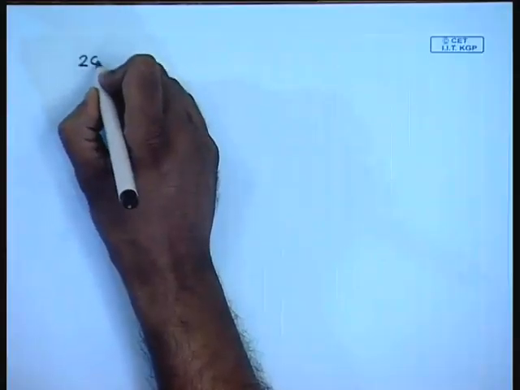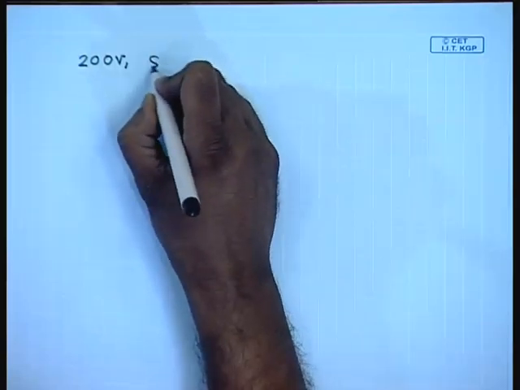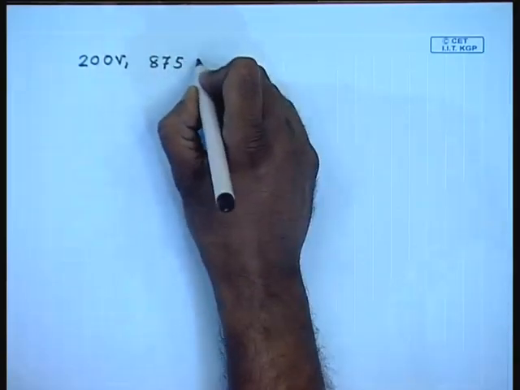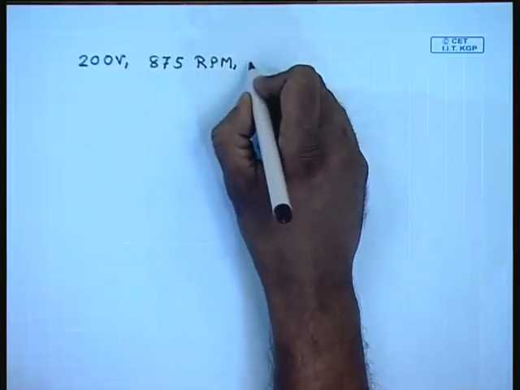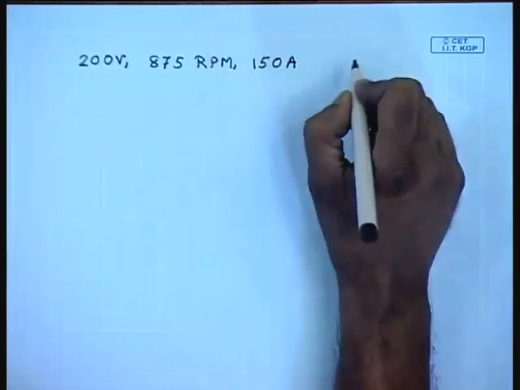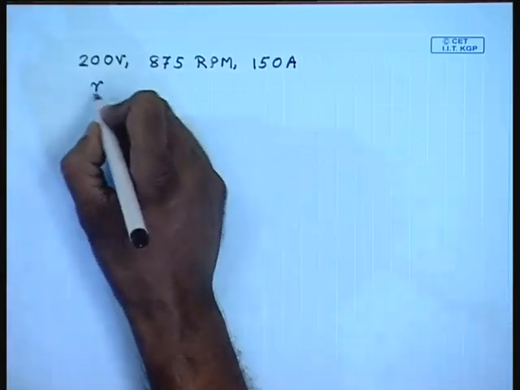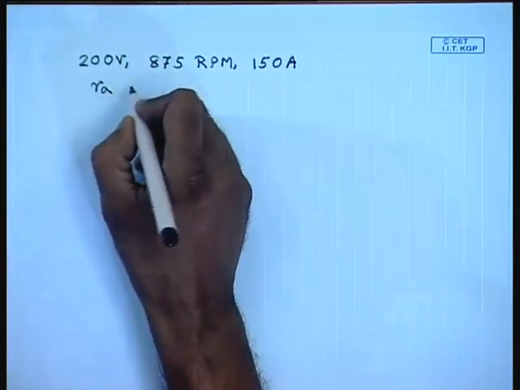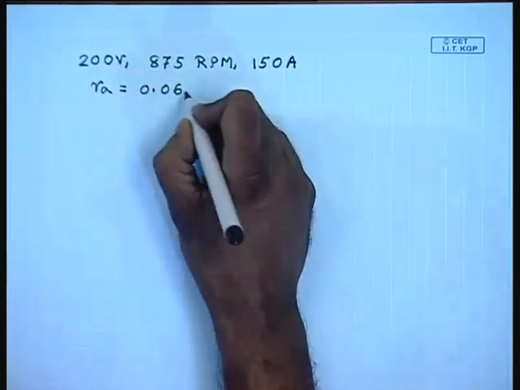Let us say we have a DC machine whose rated terminal voltage is 200 volts, speed is 875 RPM, and armature current is 150 amperes. The armature resistance RA equal to 0.06 ohm.